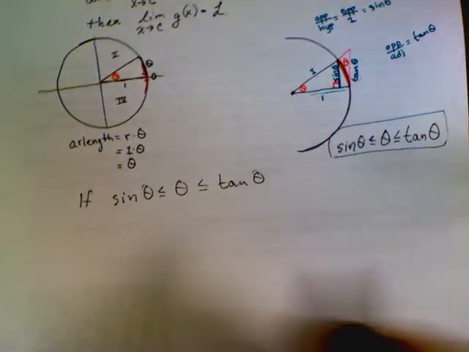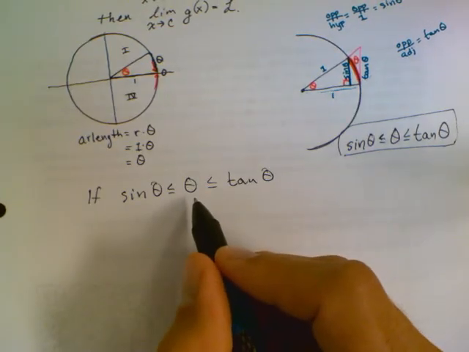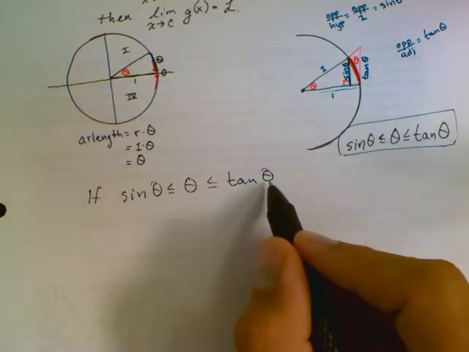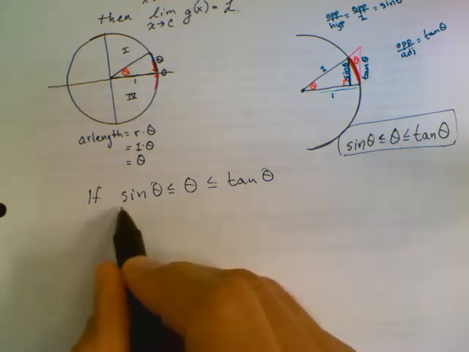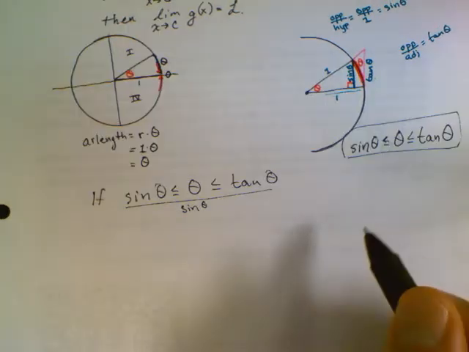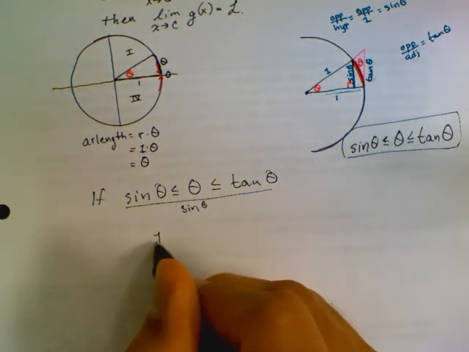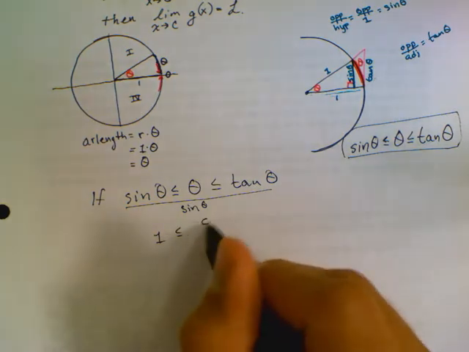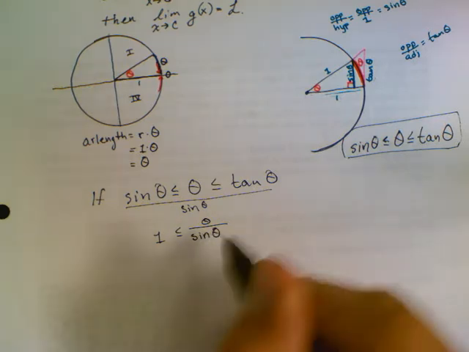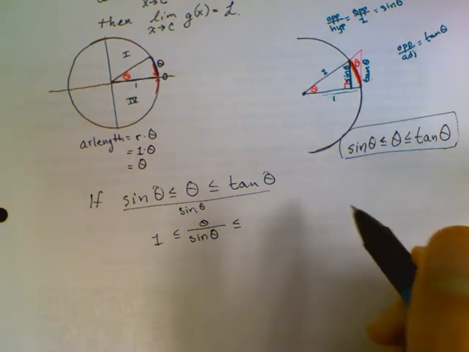That's our goal. Well, I don't have sine theta in the middle, but I need sine theta in the middle. So let's just take everything and divide by sine theta. Sine theta over sine theta is 1. 0 over sine theta is 0 over sine theta.